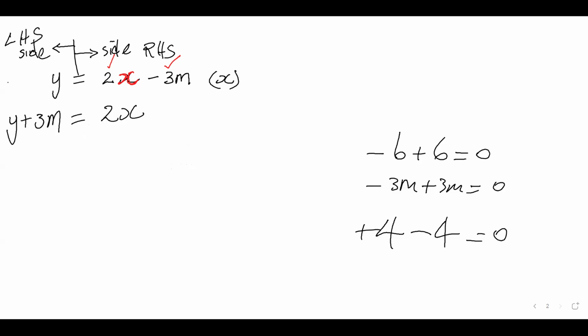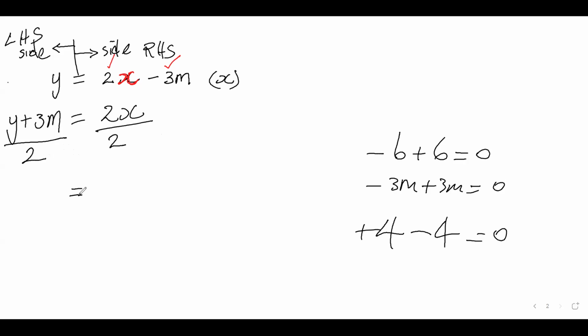So we can remove the 2 from 2x. Very good answer. And if I divide by 2 here, what else do I have to do? You have to do the same over there. Beautiful, Josiah.